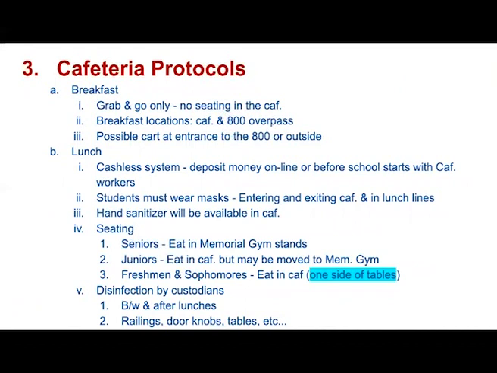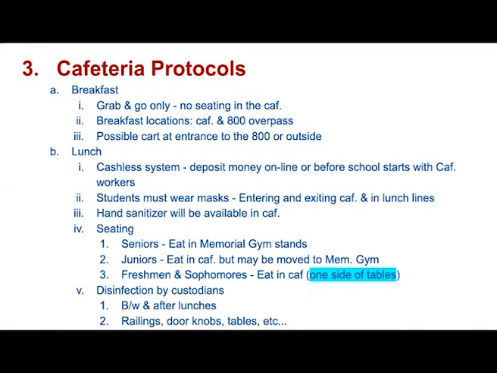Cafeteria protocols. Liberty will be providing breakfast and lunch as normal. It's important to note that breakfast will be grab and go only. There will be no seating in the cafeteria. Breakfast locations will be the cafeteria and the 800 overpass. We may also be adding a cart to the downstairs entrance of the 800s.